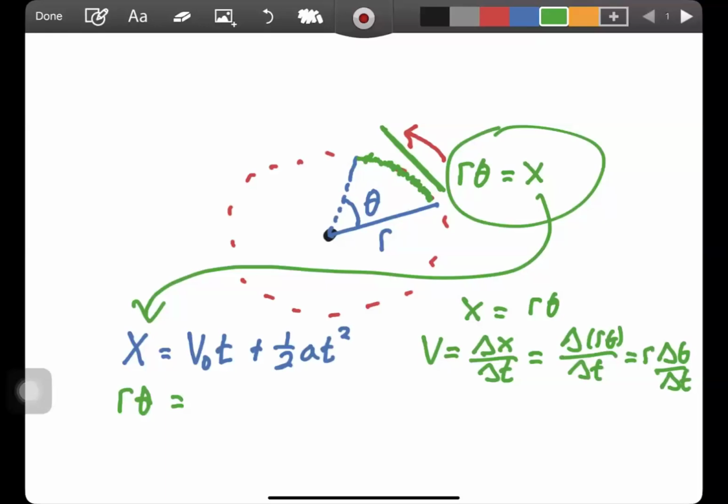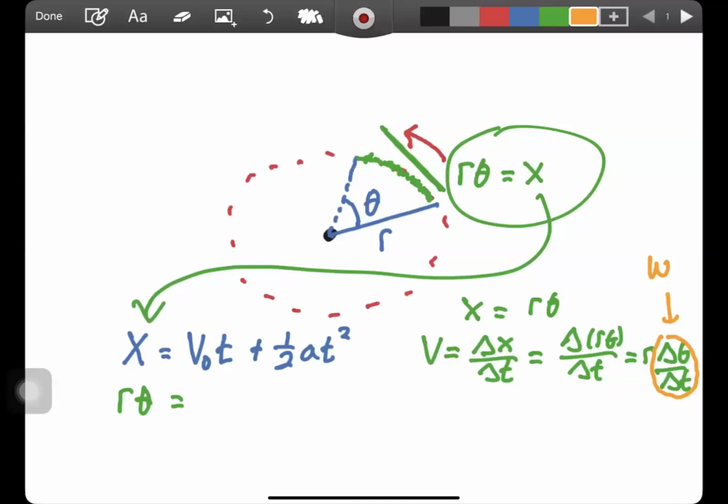And so this term right here, delta theta over delta t, this is what's known as omega when you're dealing with rotation. In other words, we have a sense of distance that's been covered, but then we also have a sense of how much that distance in the circular motion is changing over time. That's omega, and we call that the angular velocity.